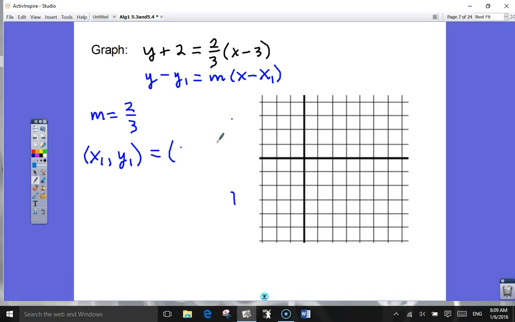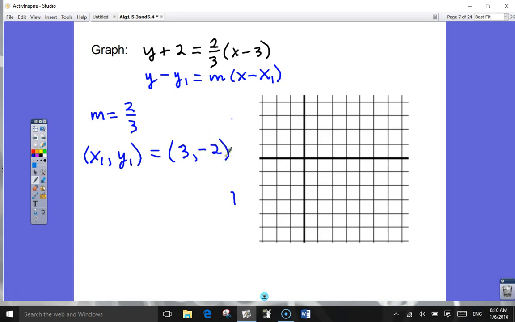What happens when your x1 or your y1 is negative? Then you get minus a negative, which is a plus. So when you see a plus, it means that your coordinate must have been a negative because it's minus in front of it. So in this case, the x1 is the positive, and the y1 is the negative.